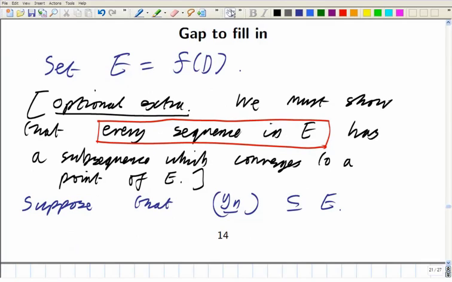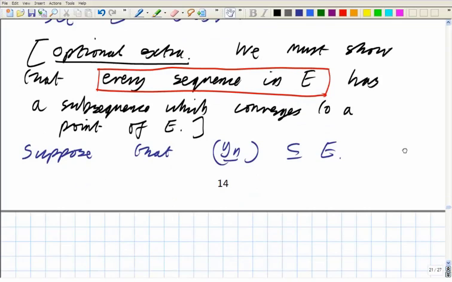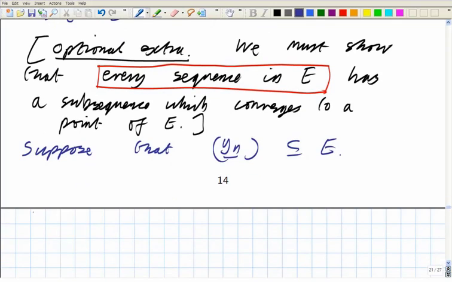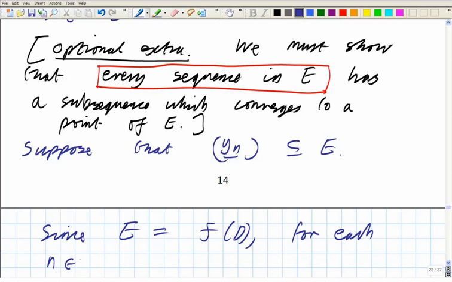So you have to start with that, and now we don't know that E is sequentially compact, because that's what we're trying to prove. So what can we use next? Not a lot, except that E is f of D. For each natural number n, since yn is in the image of D, we can find an xn in D so that f of xn is equal to yn.